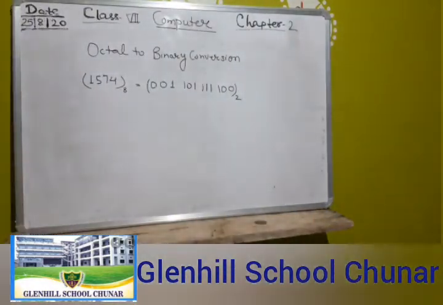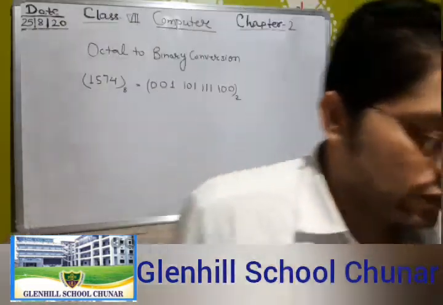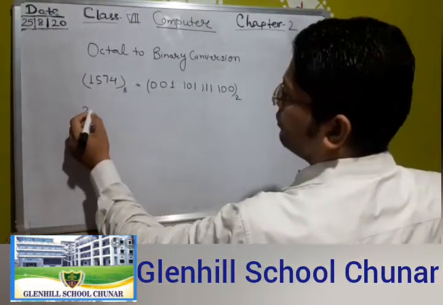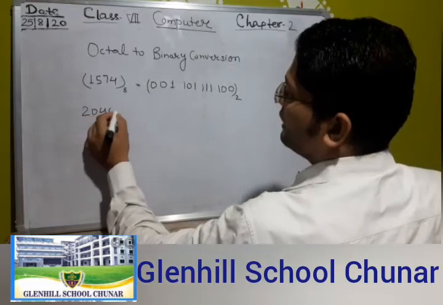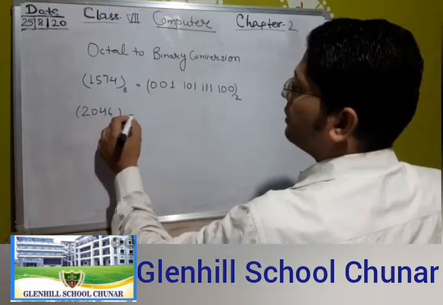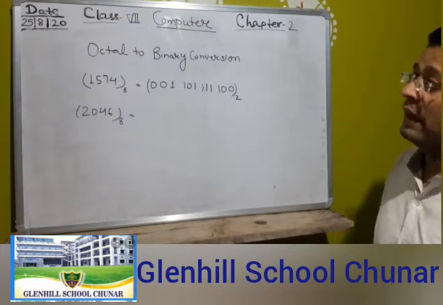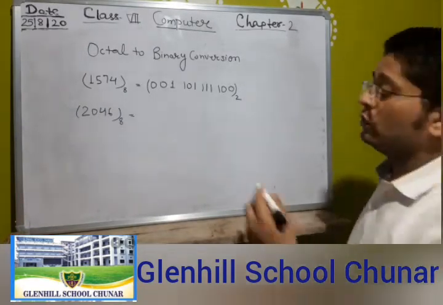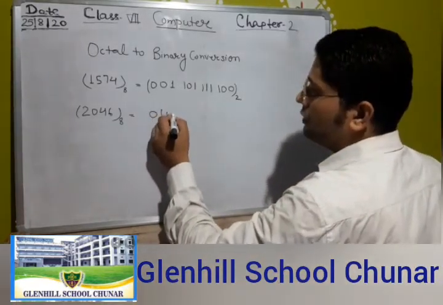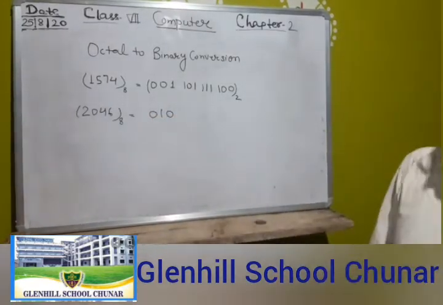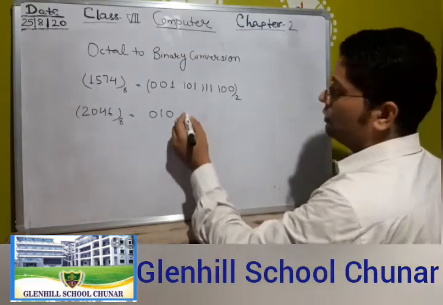And next, an example of octal to binary. Suppose 2046 is the octal number. So what's the binary number of 2? 0 1 0. And 0 is 0 0 0.